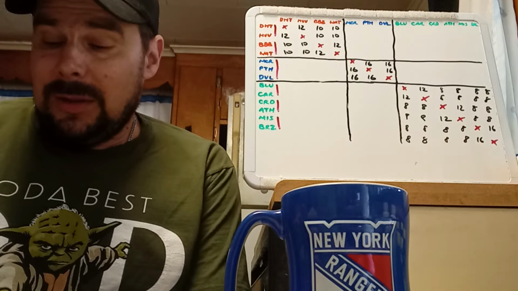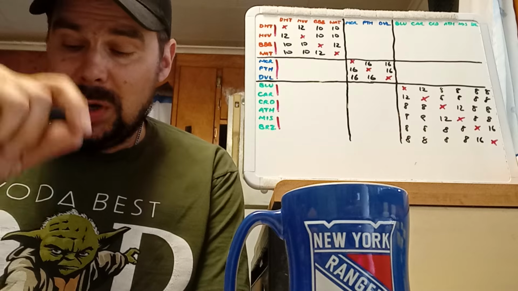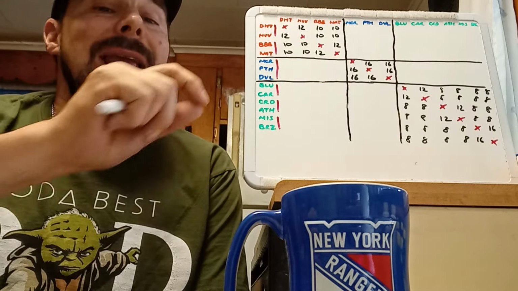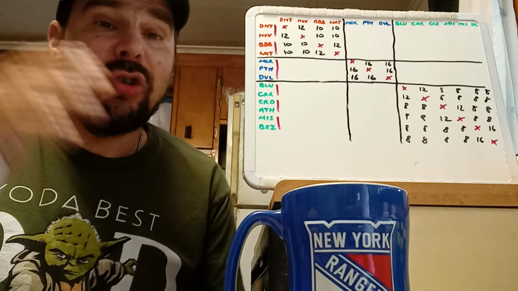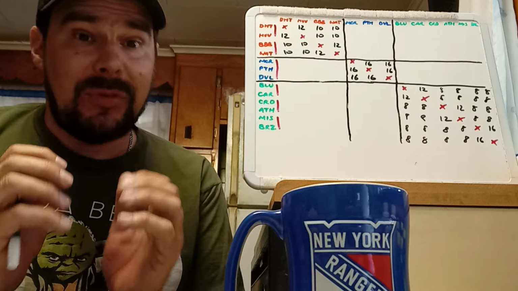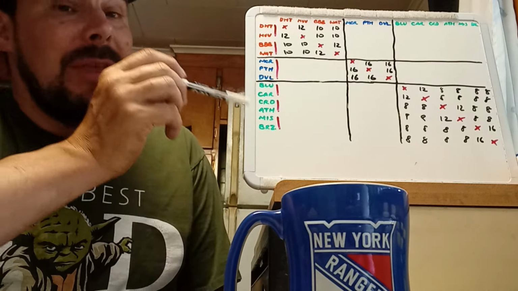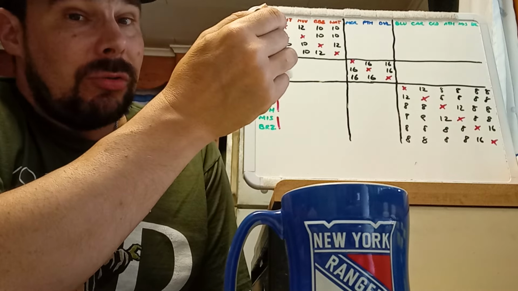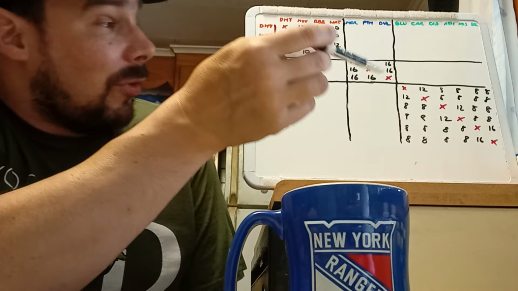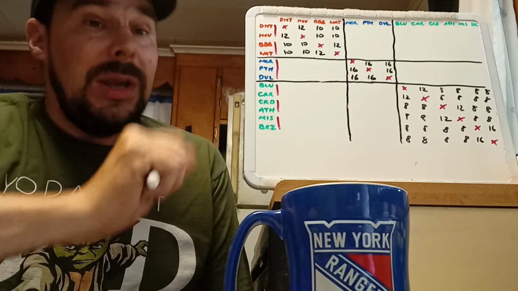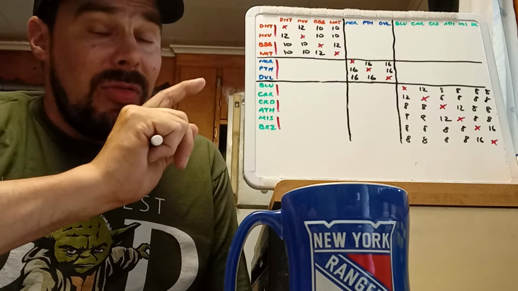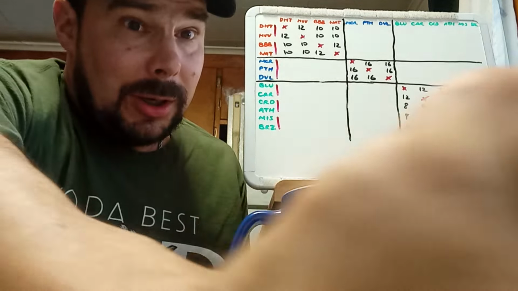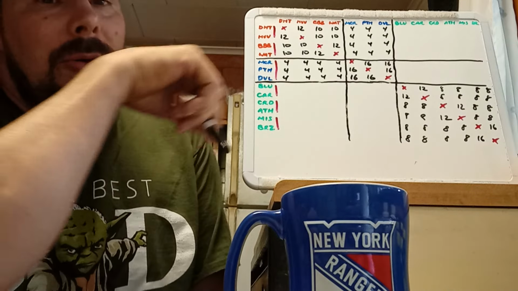But wait, we get to step 3, which is figuring out the intra-divisional games. Okay, I think it's very important that you see a team that's in your division, that you see all those teams. So step 3 is filling that in, and this is what that looks like. All right.